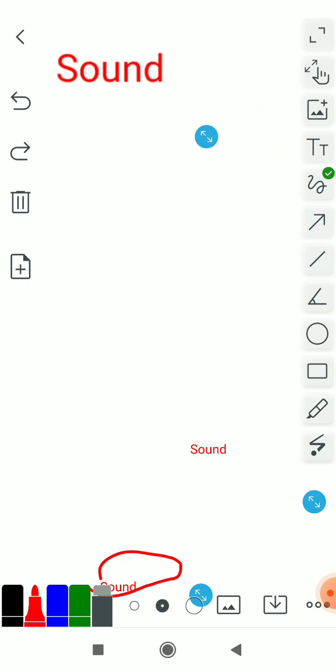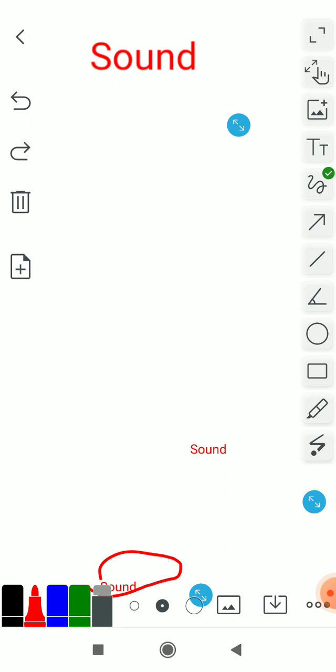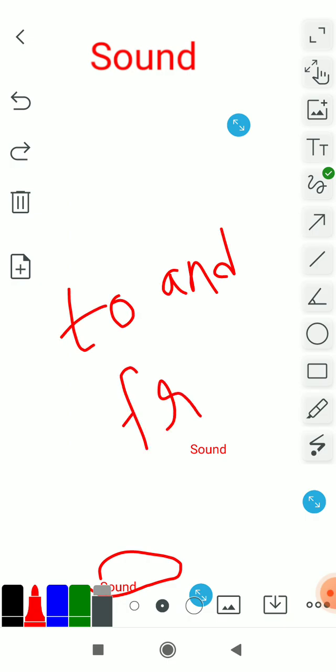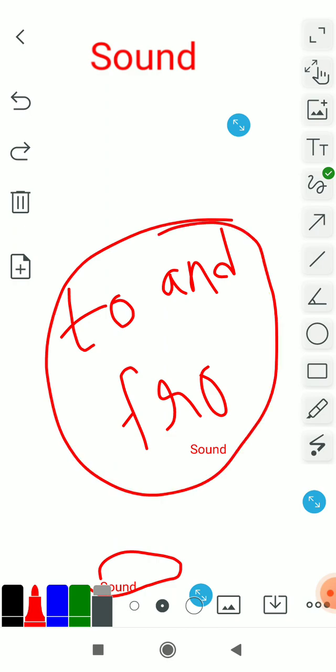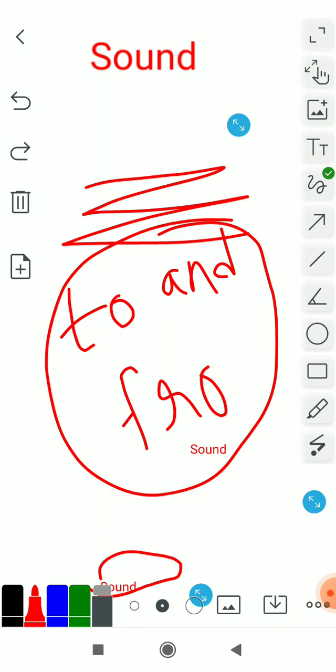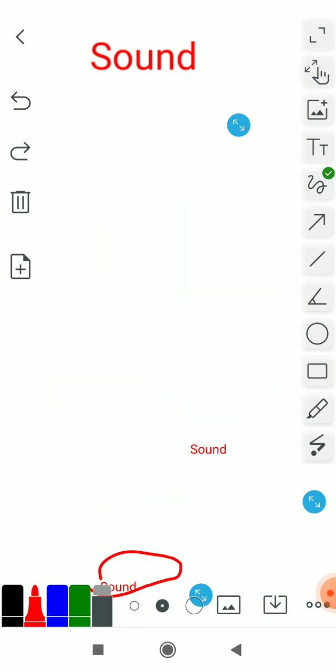So we can conclude that vibration causes sound.